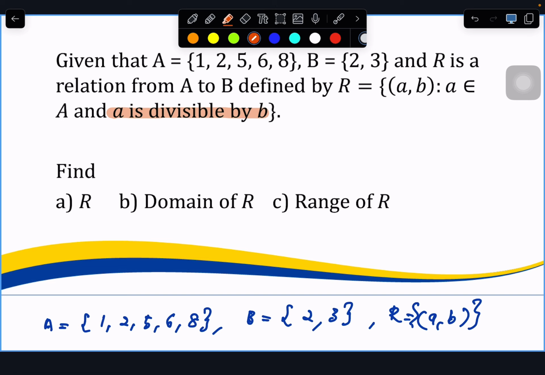Divisible. Like 6 divided by 3, that one is divisible or not? Yes. Why? Because round number, because no dot. What else? Even number, not really correct, because if you take 12 divided by 4, we have 3, correct? 3 is not even number. What else?